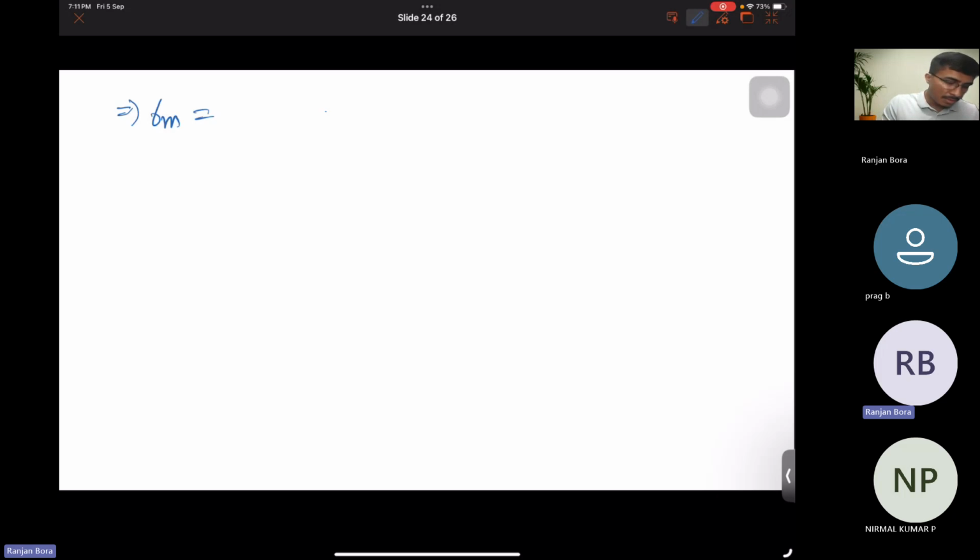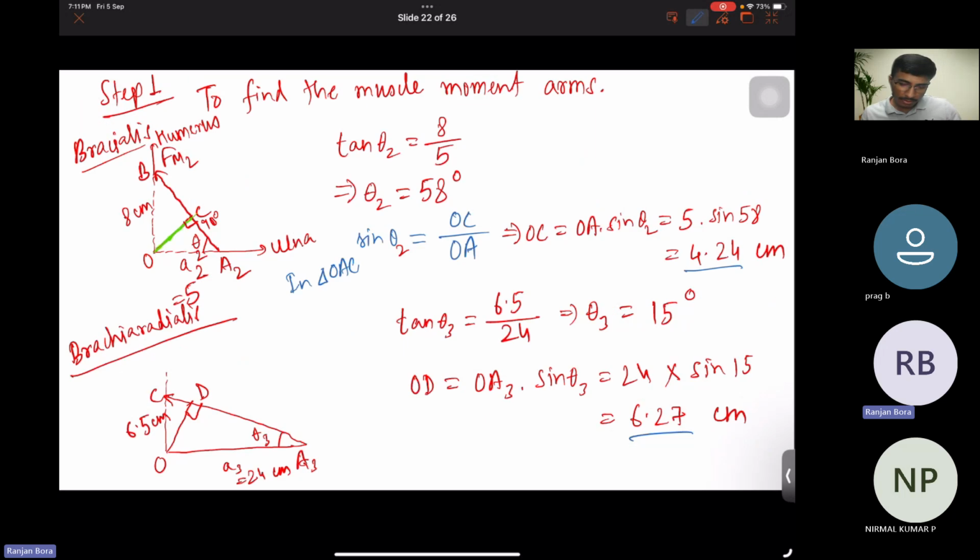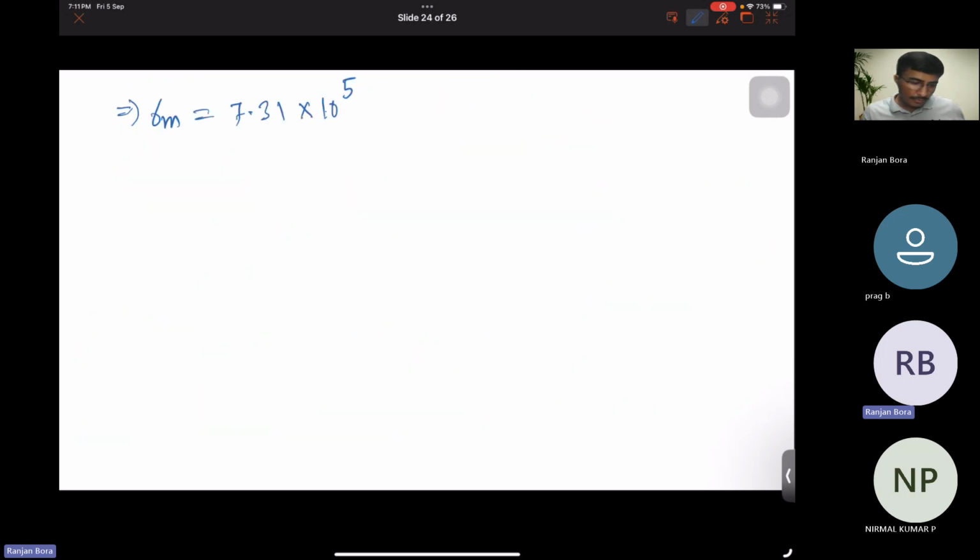Sigma M is coming 7.31 into 10 to the power 5. Sorry, this part got erased. Okay, I have already got the values, so no worries. So sigma M is coming 7.31 into 10 power 5.